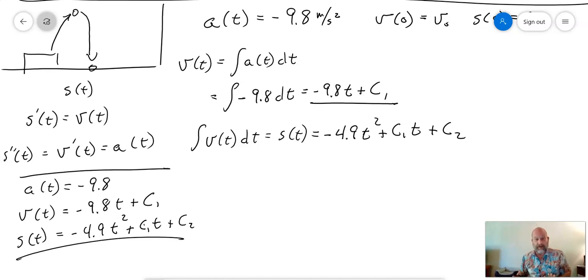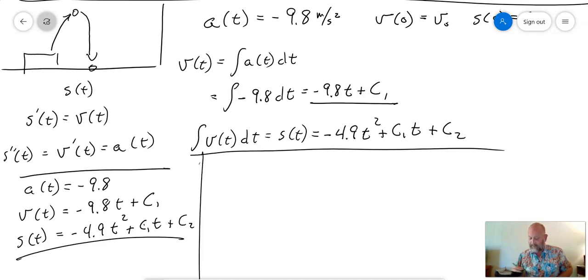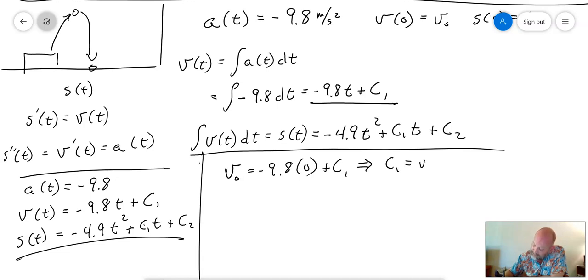Okay, so we have our position function now. Now all we need to do is figure out what c1 and c2 are. So now we can invoke our initial values. And we know that v of 0 is equal to v naught. So that means that v naught is equal to negative 9.8 times 0, because t is 0, plus c1. And that implies that c1 is equal to v naught. Right? So we get that right off the bat.